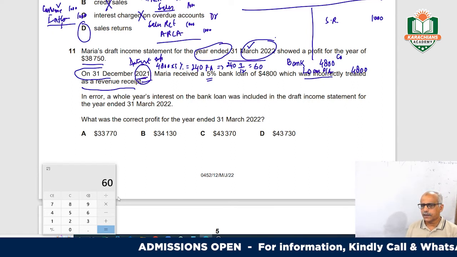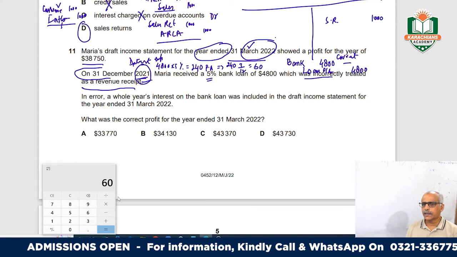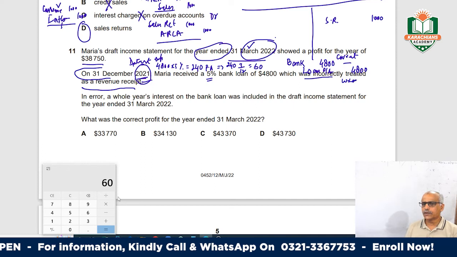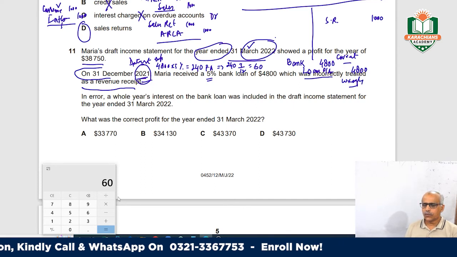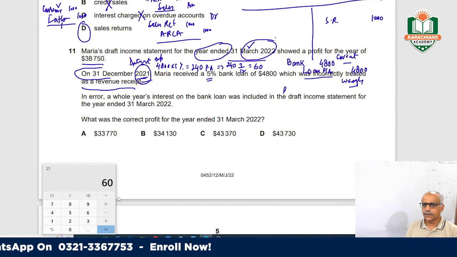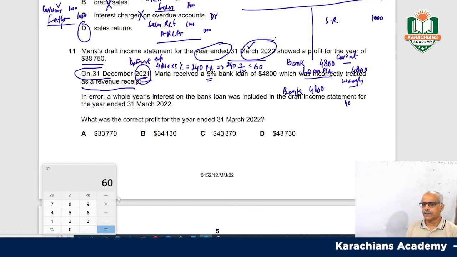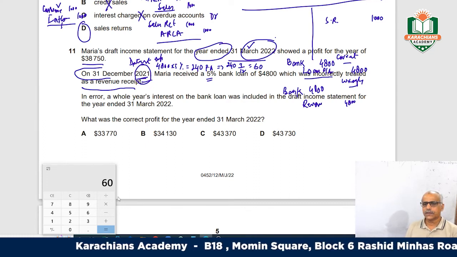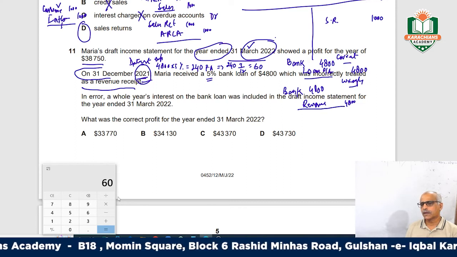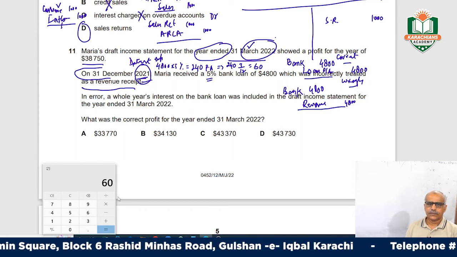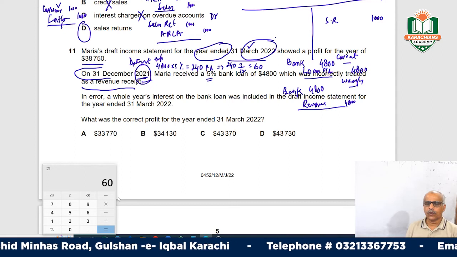This was the correct entry, but wrongly, she recorded bank correctly, 4,800, but she did not treat it as a loan. Wrongly she treated it as a revenue receipt, meaning income, right? Treated as revenue in error.